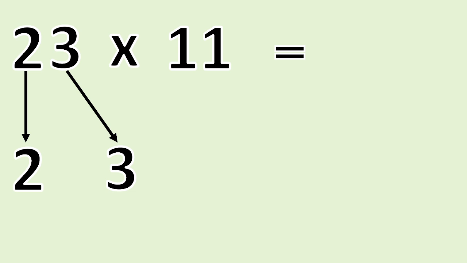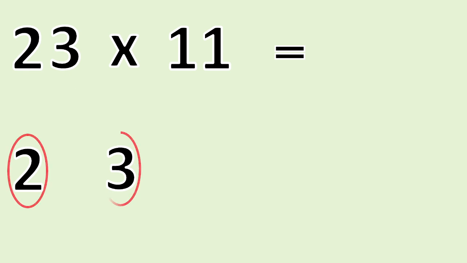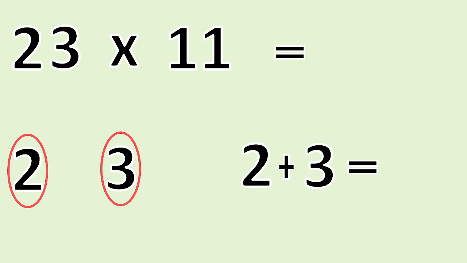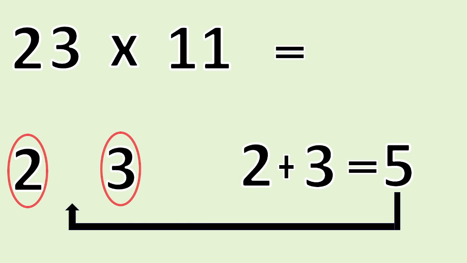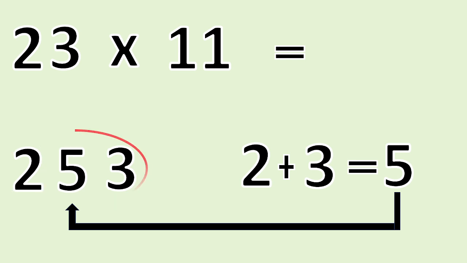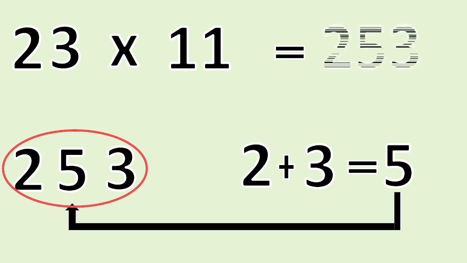Next, add 2 and 3. So 2 plus 3 equals 5. Now, place the number 5 between the 2 and the 3. So you get 253. So 23 times 11 equals 253.